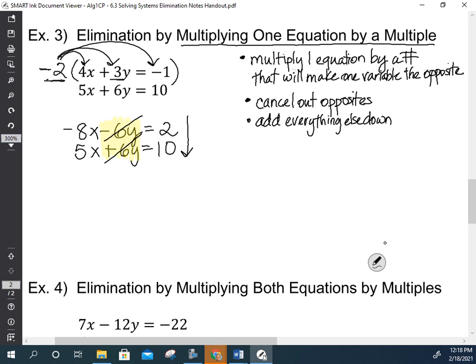Everything else gets added down. Negative 8x plus 5x is negative 3x. 2 plus 10 is 12. That part's easy. Divide by negative 3. X equals negative 4.